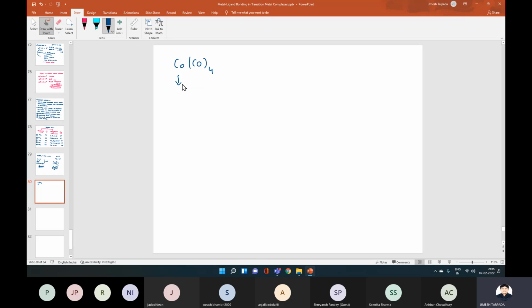So see in this case what happens. Now here Co is d7. Co's atomic number is 27, so it has 9 electrons, 4 ligands give 8, so total 17. So opposite it you need an organic species with 7 electrons. Which one will it be? It may be CH3, it may be NH2, it may be OH, F, Cl.